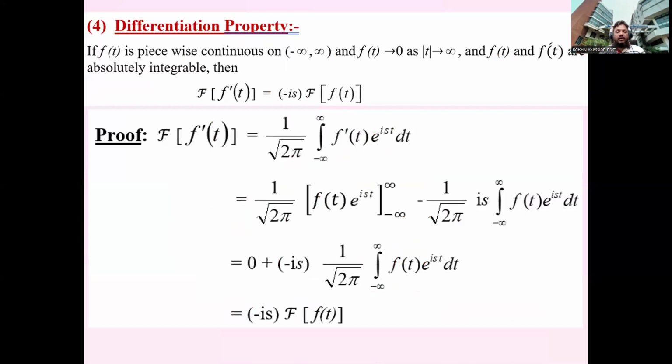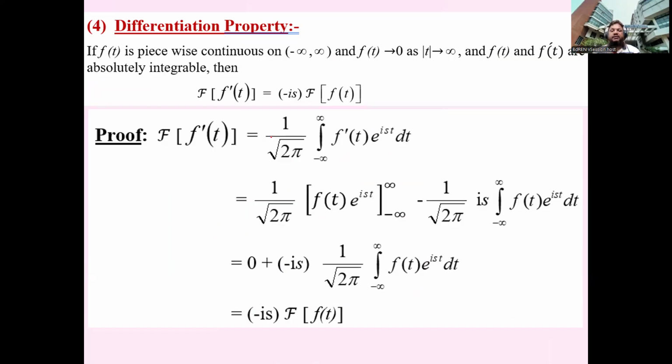Differentiation property. It is a very important one for you. We will use this property in future for solving differential equations. Actually, the Laplace transform is used for solving ordinary differential equations.